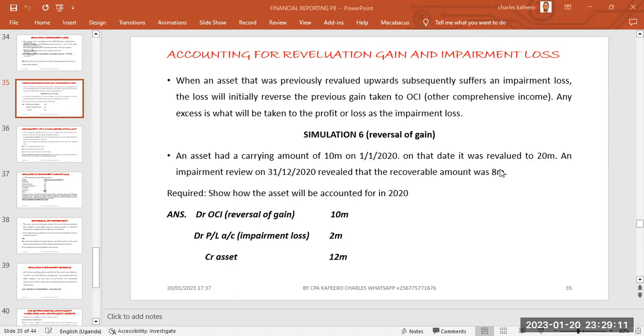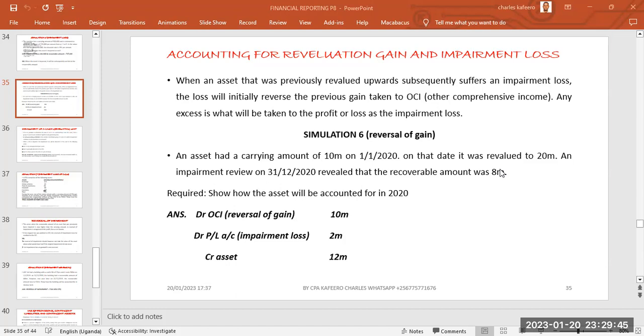now we are looking at instances where an asset had a revaluation gain in the previous year, and that revaluation gain was taken to the OCI, or statement of other comprehensive income, which is the part that comes immediately after the net profit.